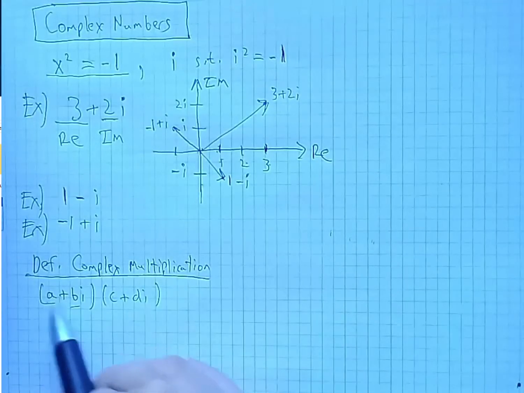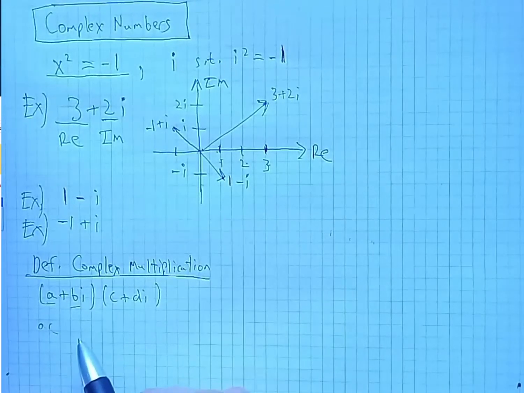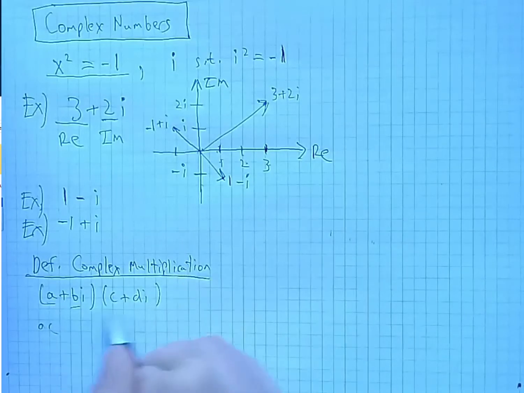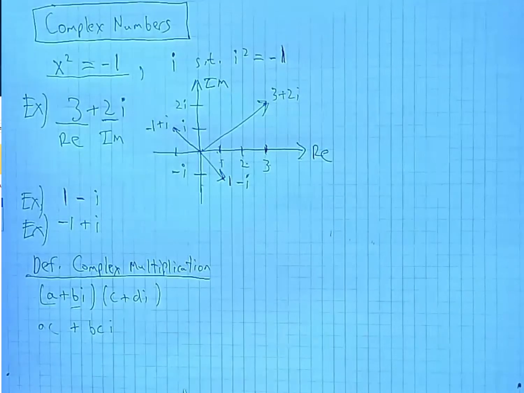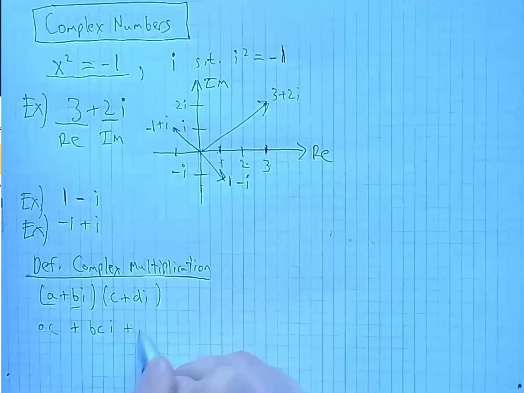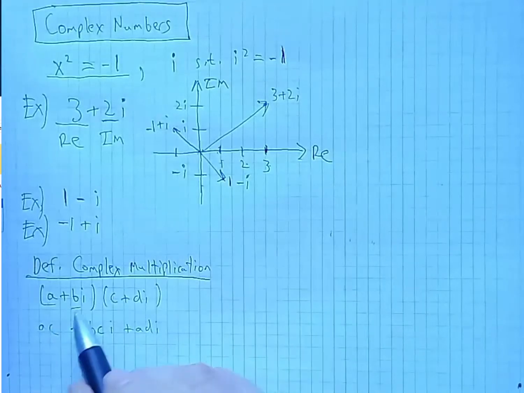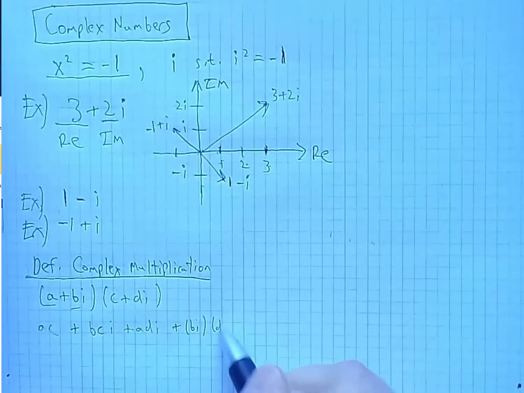So I'll say a times c, so the result of this is a times c, plus bi times c, so we'll just say plus bci, plus adi, plus bi times di, right?